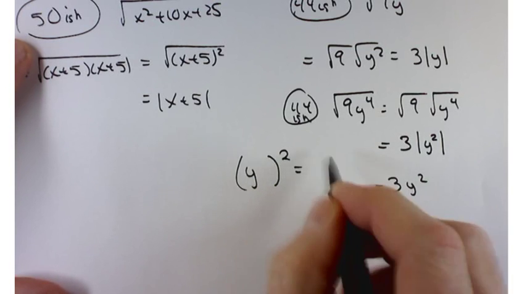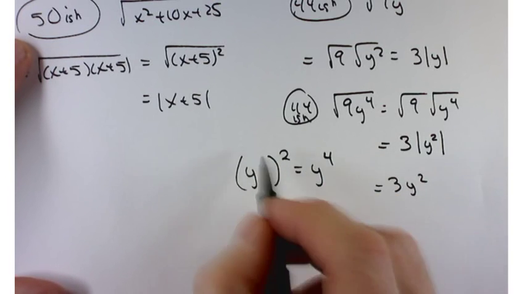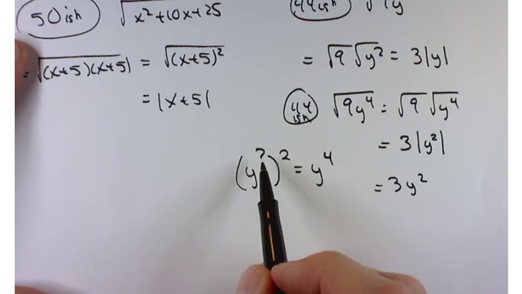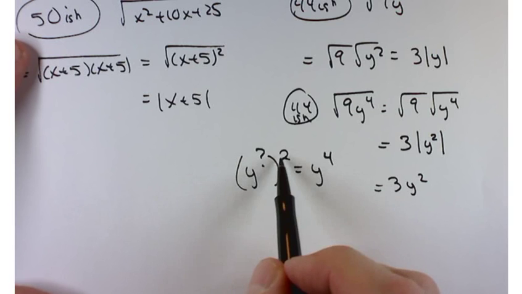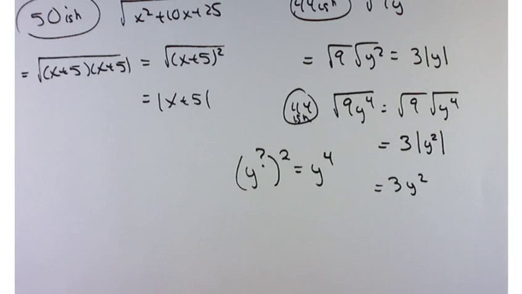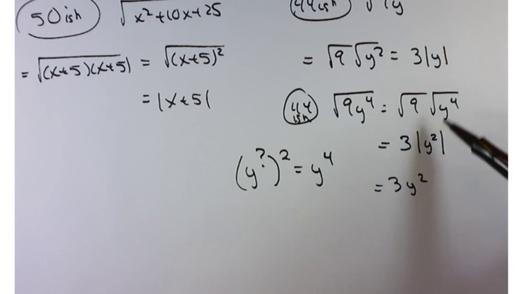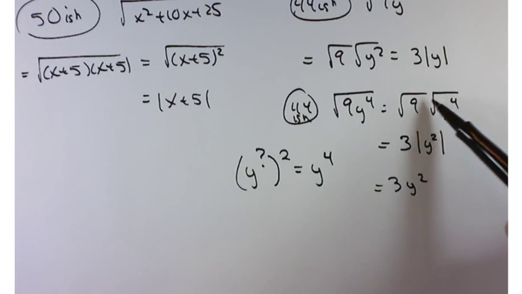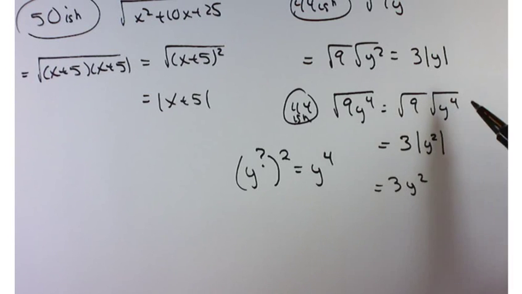I want something that I square to get y to the fourth. So it's a matter of, well, gee, what do I multiply by 2 to get 4? And the answer is 2. Now, in general, when you have, say, y to some power, then what you'll do is divide that power by 2 when you're taking square roots.